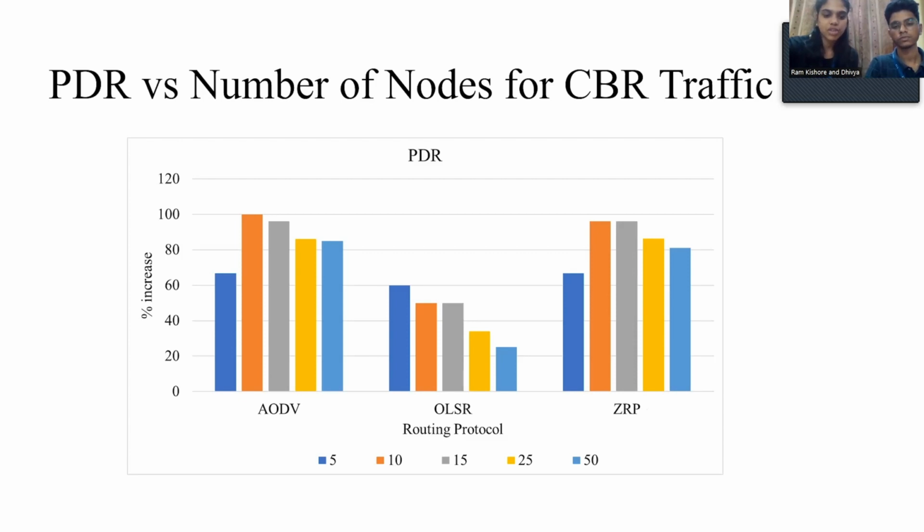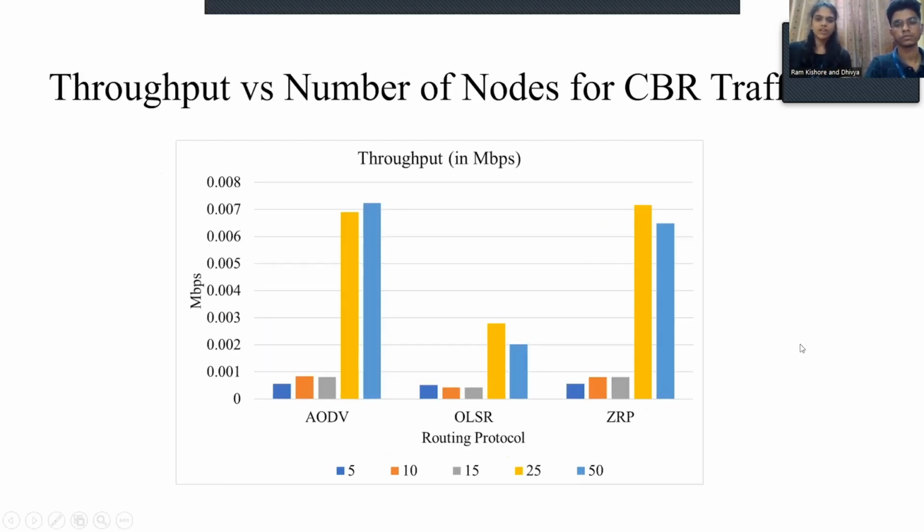The next graph is throughput versus number of nodes for CBR traffic. Based on the results in the figure, AODV appears to have relatively higher throughput compared to OLSR and ZRP. It is likely due to AODV's reactive routing approach, which only creates routes when needed, resulting in lower overhead.